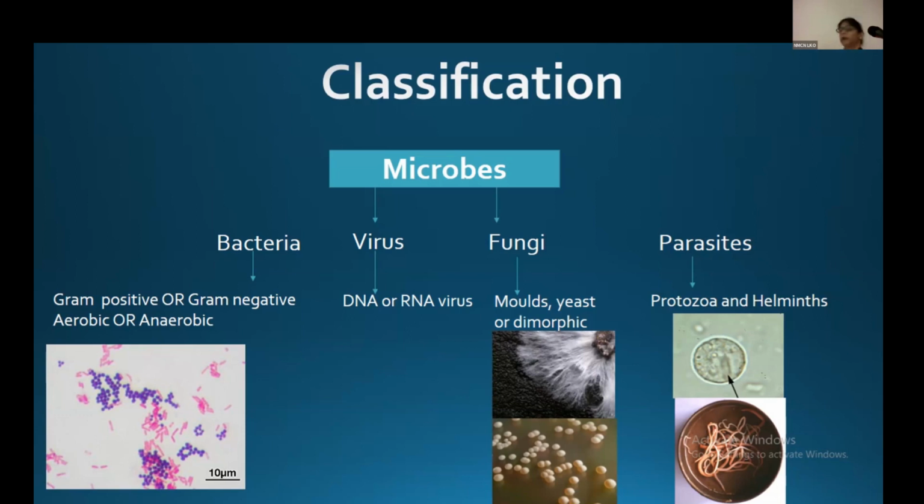Certain fungi are dimorphic, which means they stay in 2 morphologies, depending on the temperature at which they are staying. They can be yeast at a temperature close to human body temperature, and they can survive in mold form when they are kept at room temperature. So any example of dimorphic fungus?